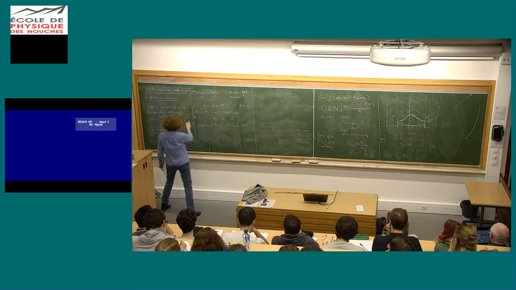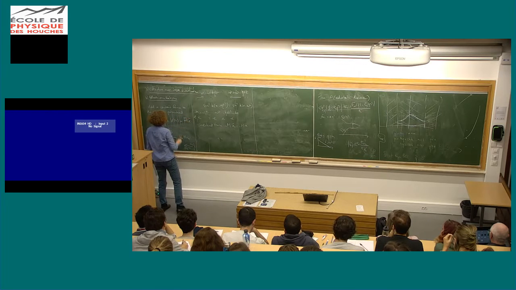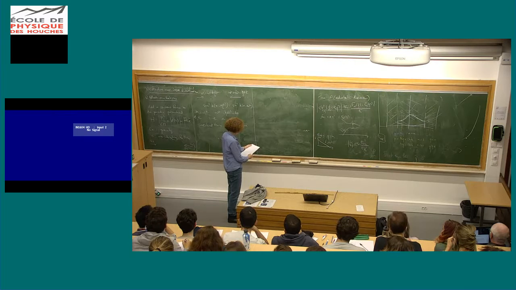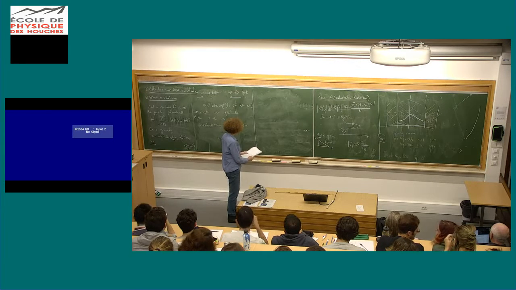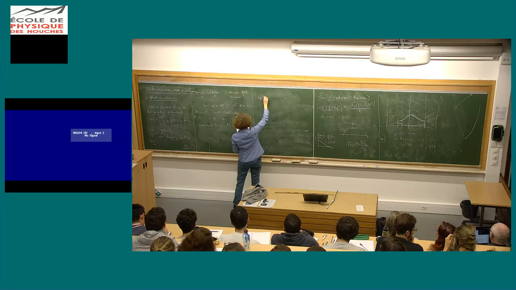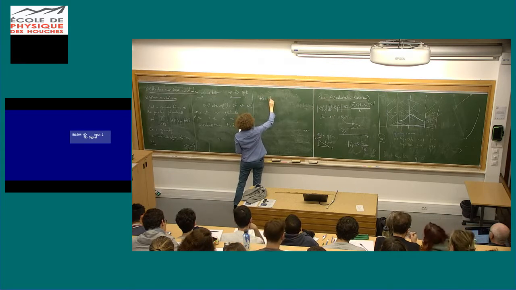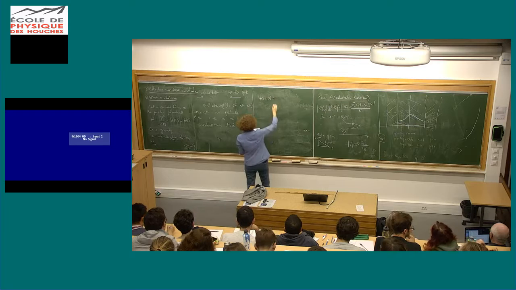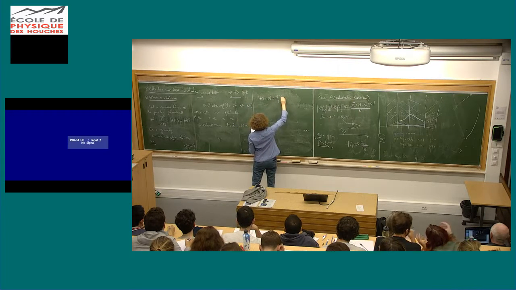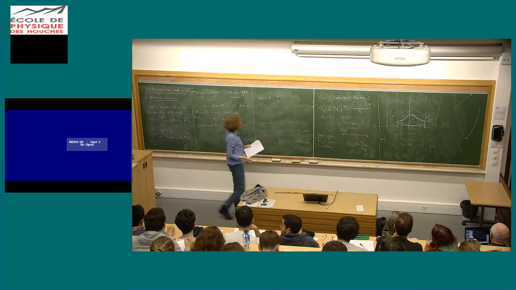So just to be general for the moment, I will keep some possible time dependence of the force. And what we do is we assume that at initial time, our wave function is the Bloch wave function with momentum q0.